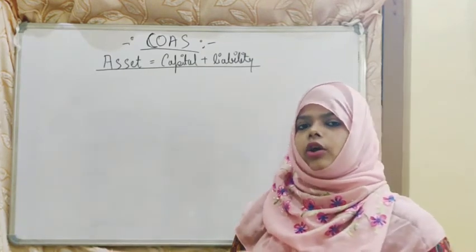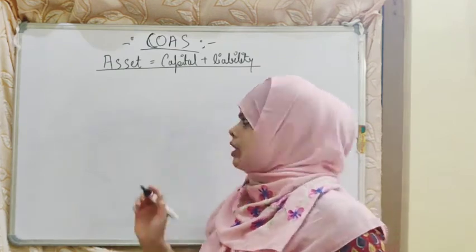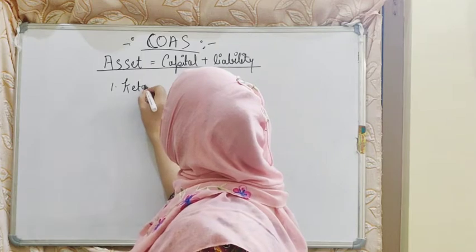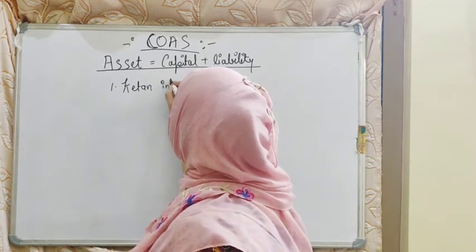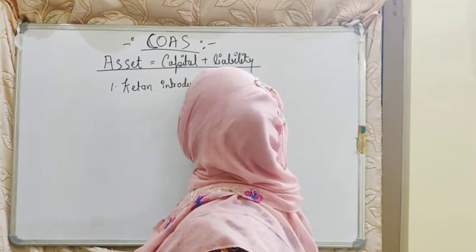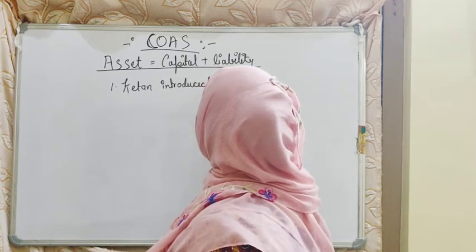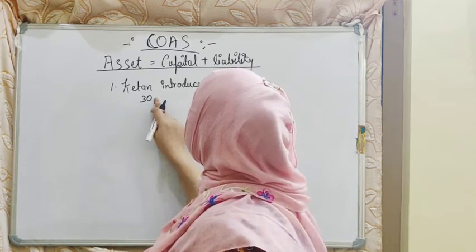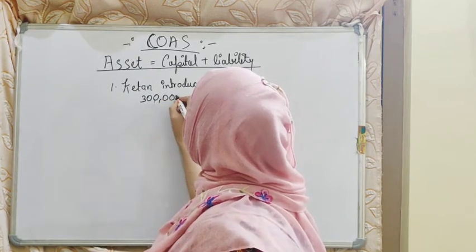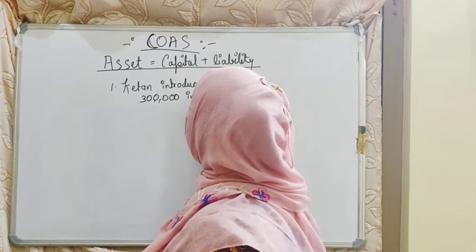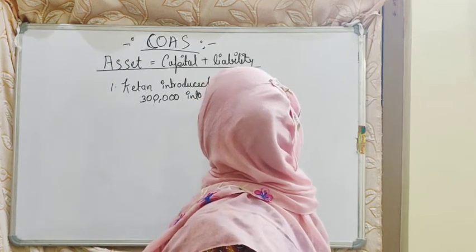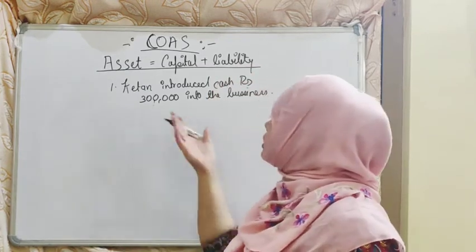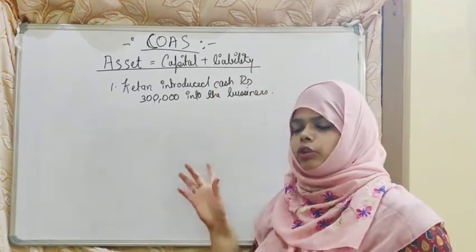So the first part of the transaction: Ketan introduced cash of rupees 3 lakhs into the business.